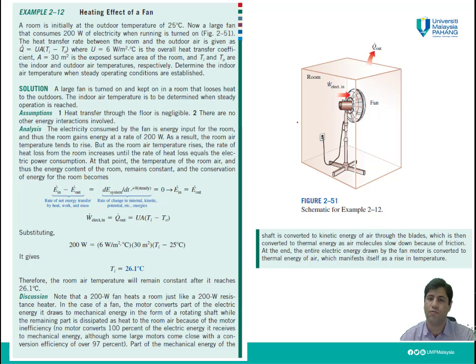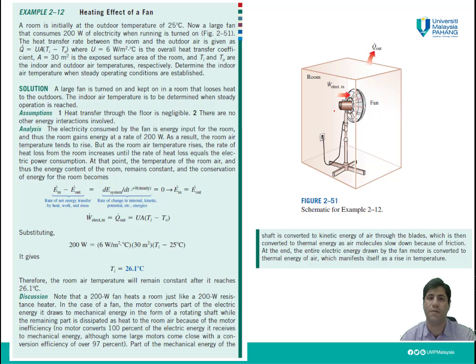We have a room like this, then we put a fan inside the house. We run the fan and we know the initial temperature of the house. We know the electrical power required by the fan, and also we know the heat transfer from the room as our system, the air inside the room, which we take as our control volume.